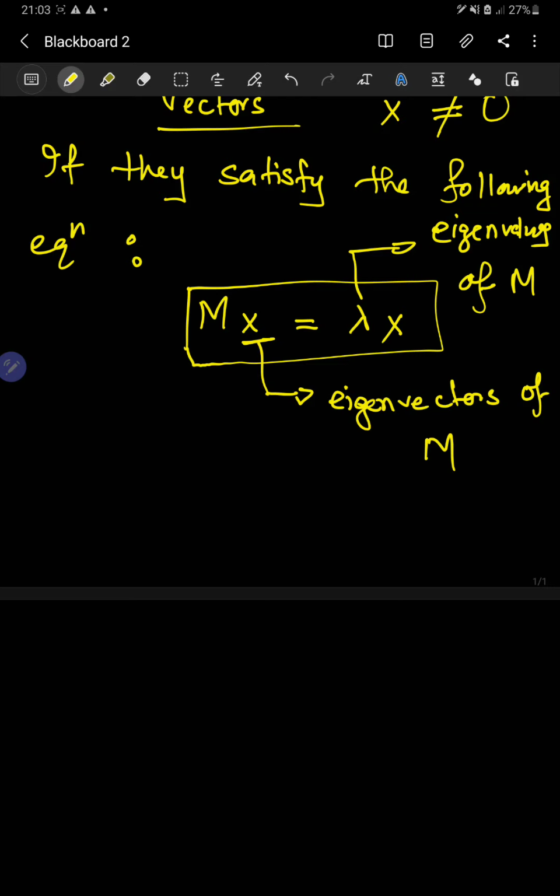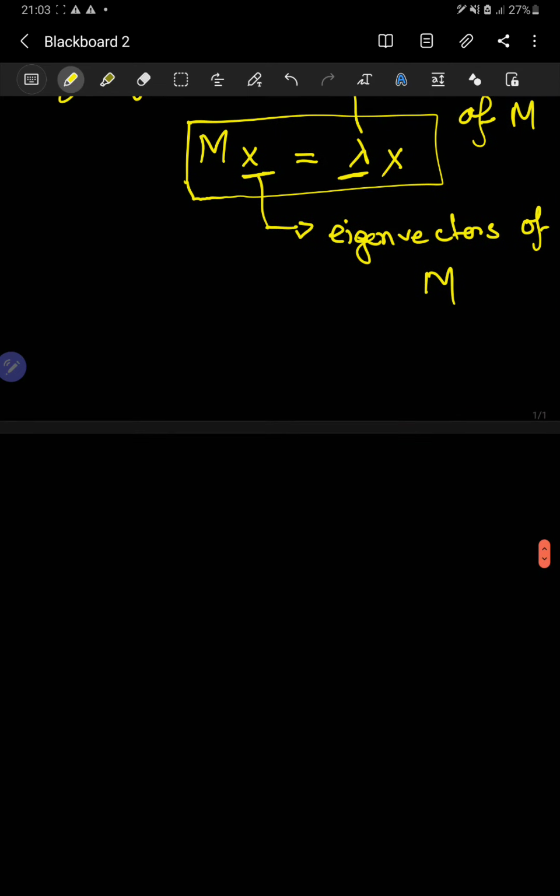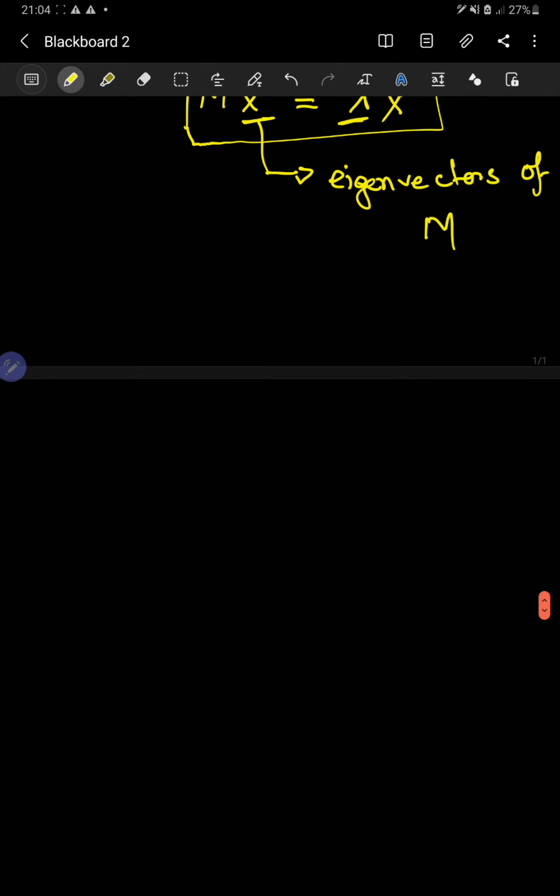If you act a matrix M on a vector x, you multiply it by a number lambda. This is an intuitive way to think about eigenvalues and eigenvectors, or this equation basically. If you multiply by a matrix, you basically scale the vector. The scalar can be 2, 3, 4, or whatever that is, but you scale the vector. That is the most important thing.